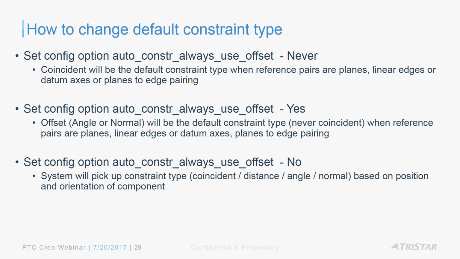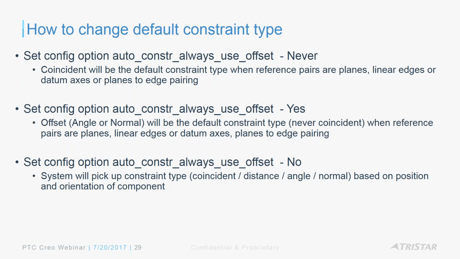If you set it to never, right, the default is no. If you set it to never, you will get coincident constraints when you use like two planes or two linear edges, or an axis and a plane, or a plane and an edge, right? And then if you set this to yes, then it will use angle or normal.